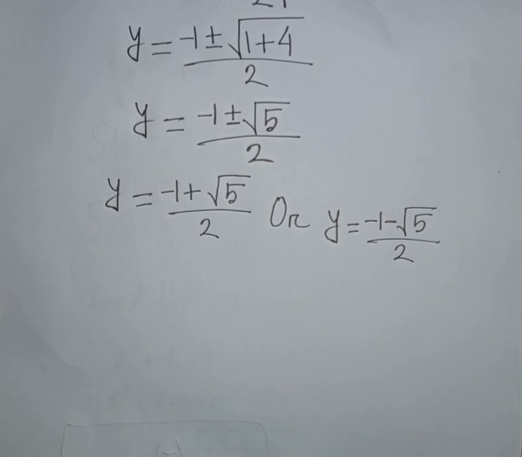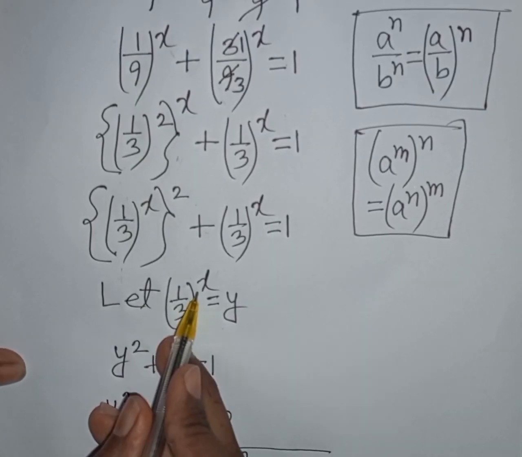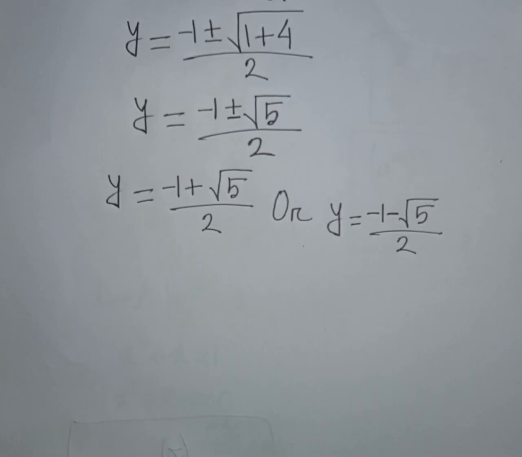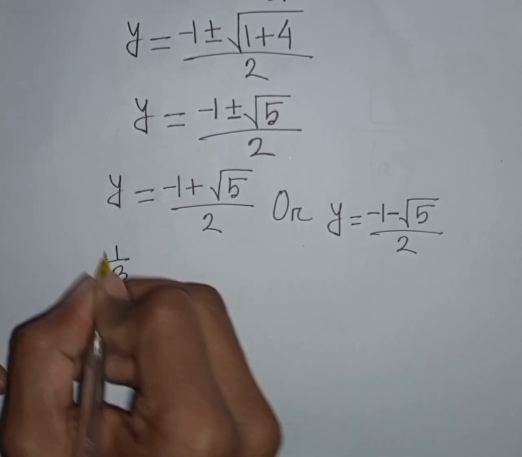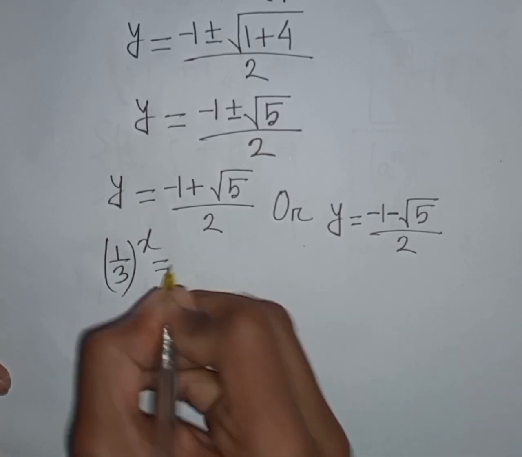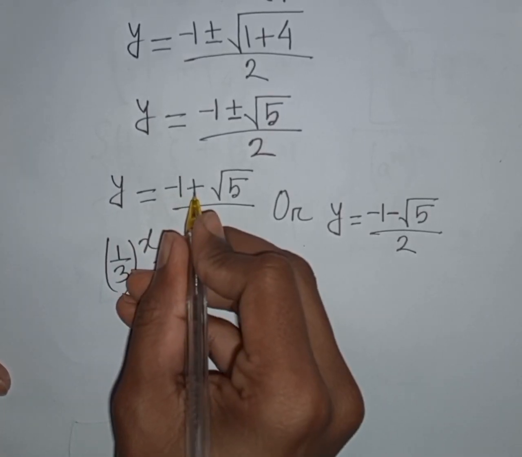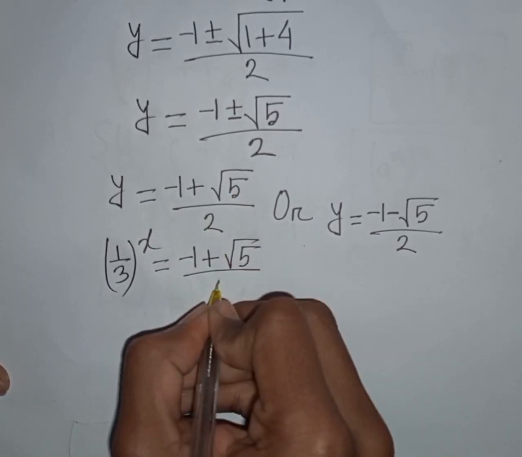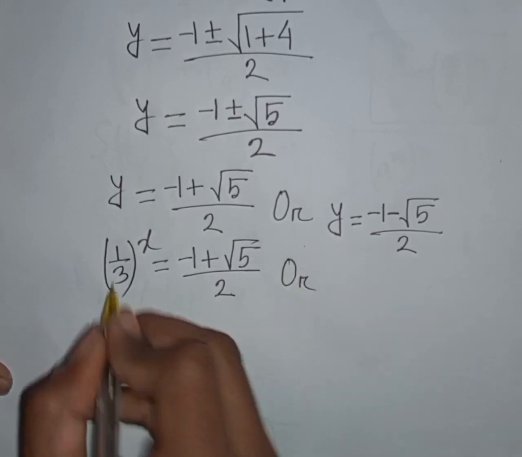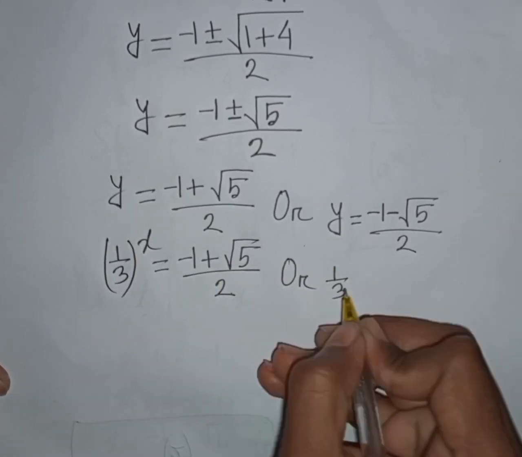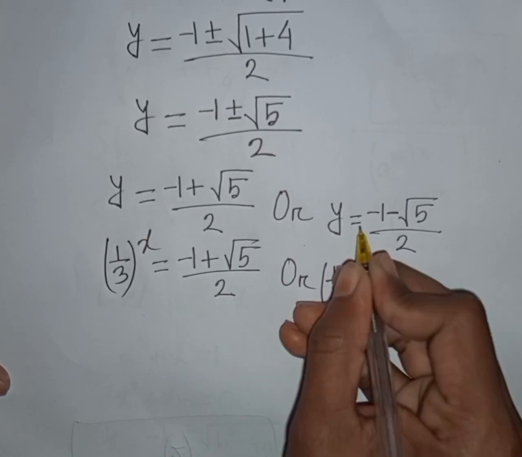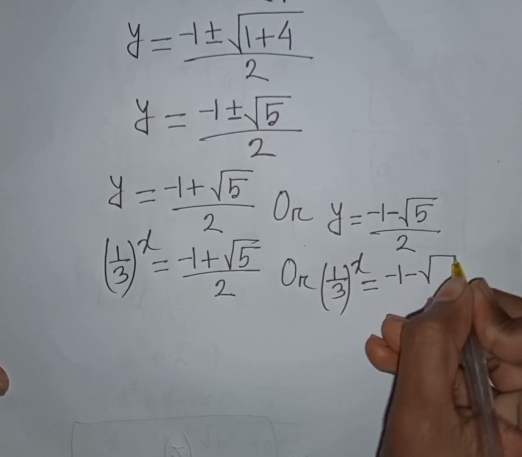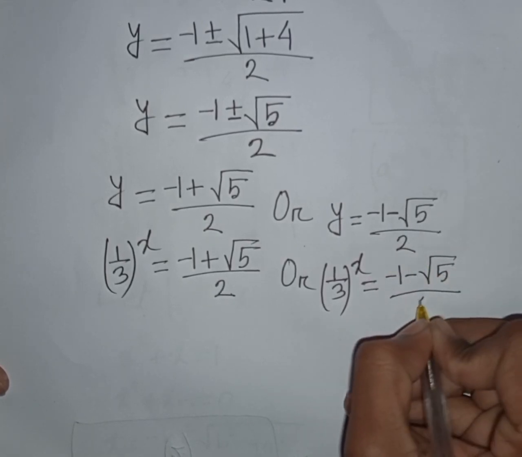Now remember that we let 1 by 3 bracket power x be substituted by y. So y, that means 1 by 3 bracket power x, is equal to minus 1 plus square root of 5 divided by 2, or 1 by 3 bracket power x is equal to minus 1 minus square root of 5 divided by 2.